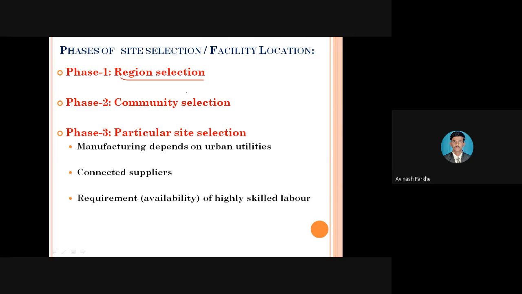Therefore, whenever we are starting your organization, your industry, the climatic conditions also we have to consider, because sometimes there is a rainy season, and if maximum water comes into your industry, it is very difficult to start your plant.